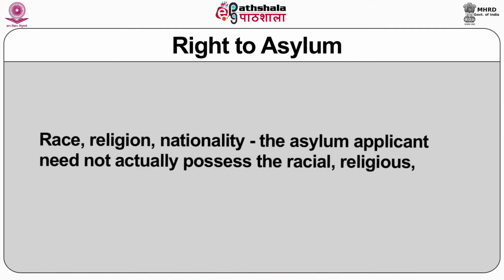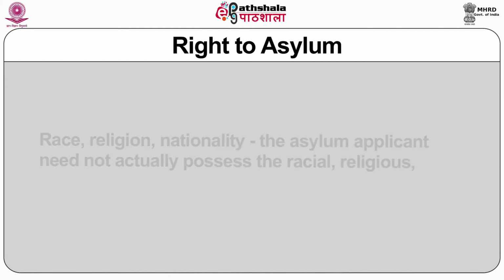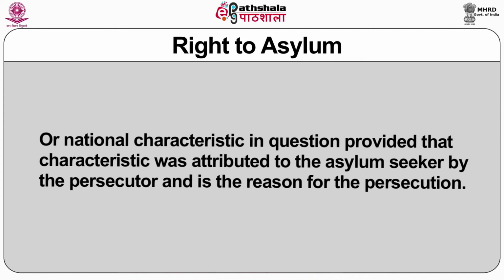Third, race, religion, nationality. The asylum applicant need not actually possess the racial, religious, or national characteristic in question, provided that the characteristic was attributed to the asylum seeker by the persecutor and is the reason for persecution.